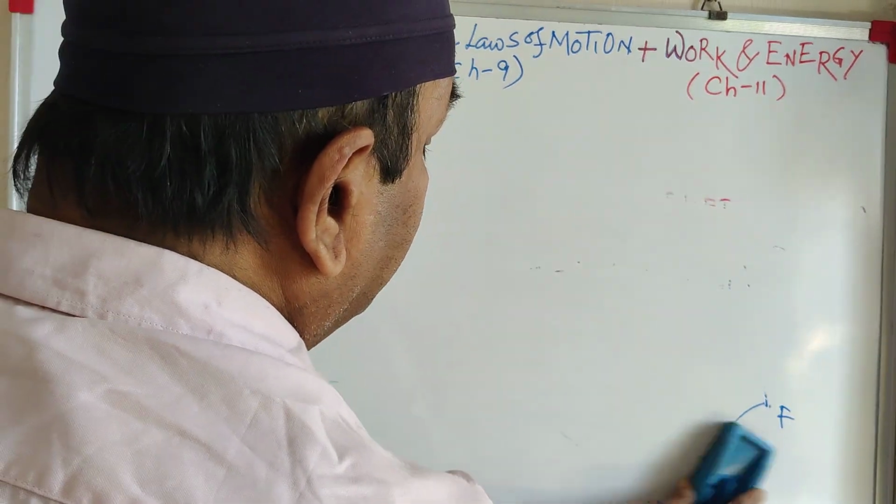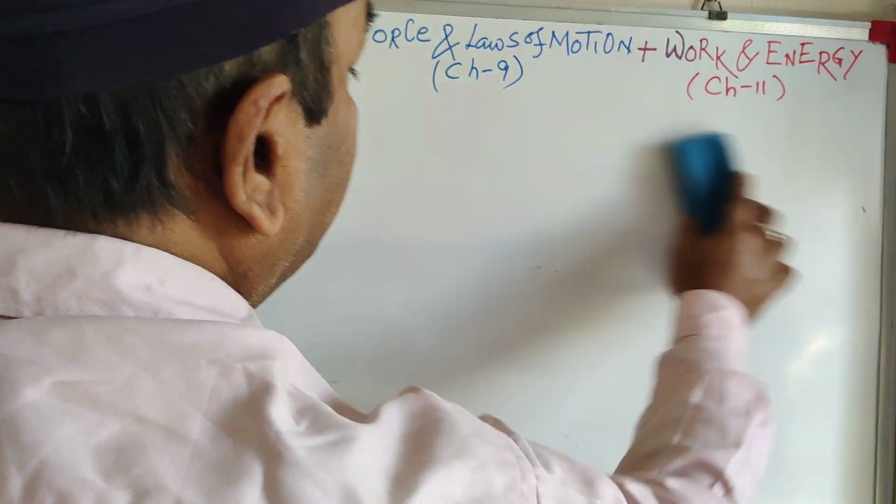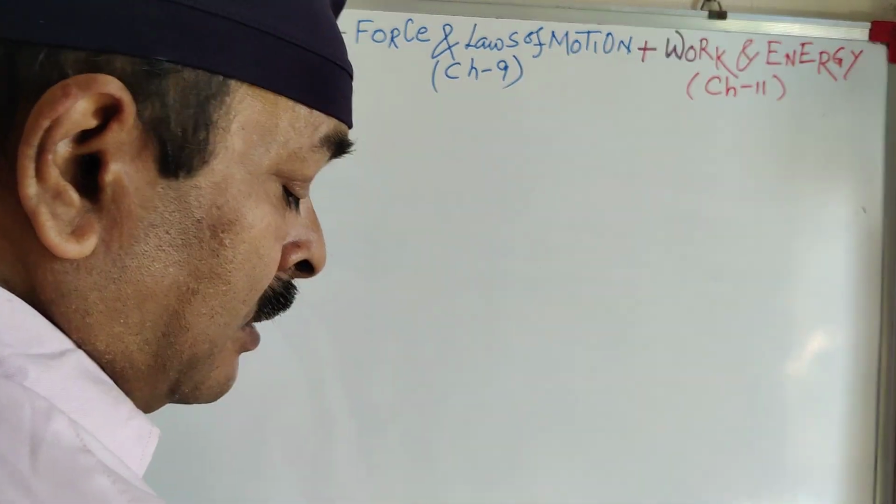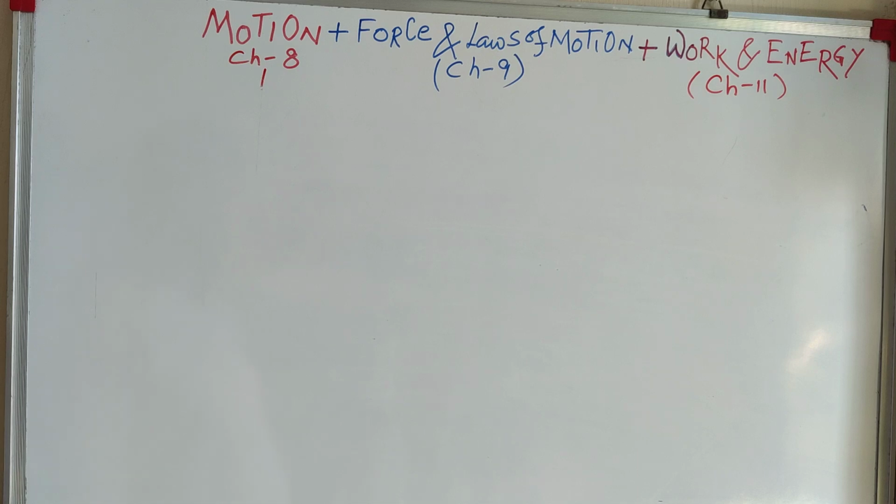Now I would like to make it clear that throughout the book up to 10th standard or any higher study, whenever you are talking about distance, we are talking about distance, and when you are talking about displacement, it is displacement. Don't take it in the other way.